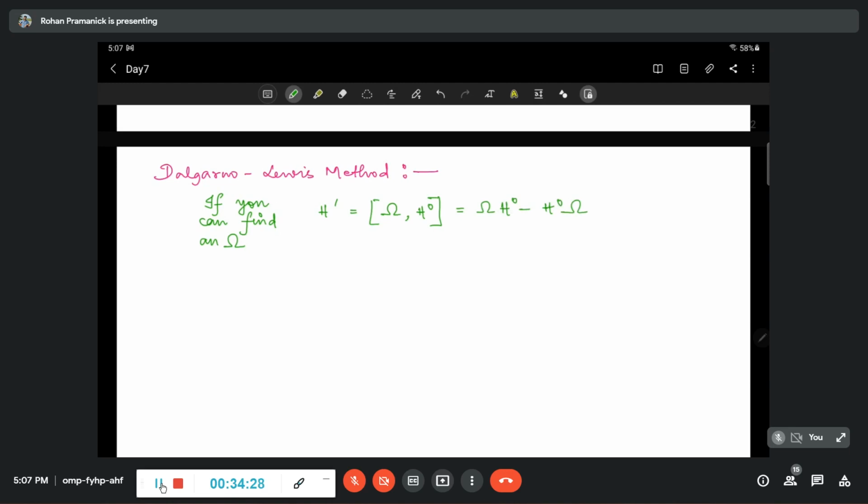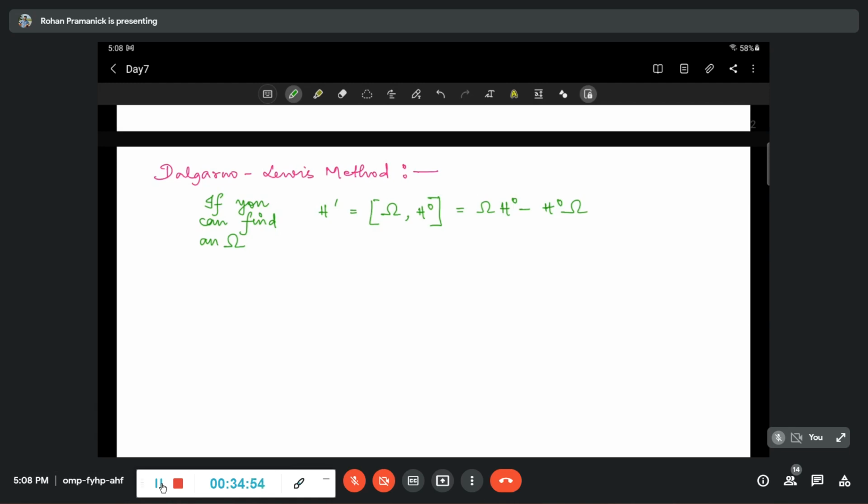So omega is a function which has the same footing with respect to h0. So if you can write an omega which is a function and which can act as a commutator with h0, and if that can represent your perturbed Hamiltonian, so the h prime, if it can be written as the commutator of omega and h0, then this is possible.